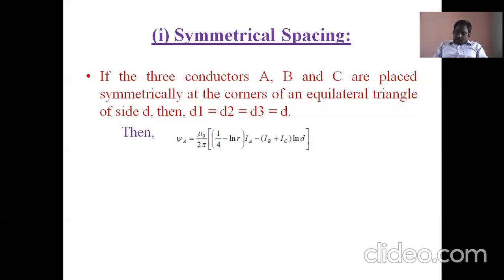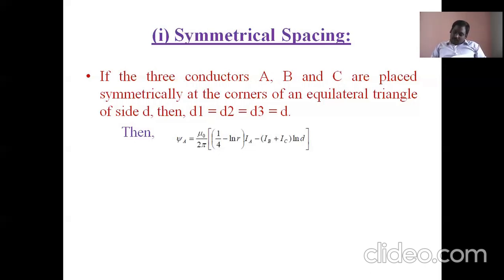Then we make a simplification here. Mu naught by 2 pi into 1/4 minus natural logarithm of r into Ia, then plus 1/4 into Ib minus natural logarithm of d into Ib, and here plus 1/4 into Ic minus natural logarithm of d into Ic.